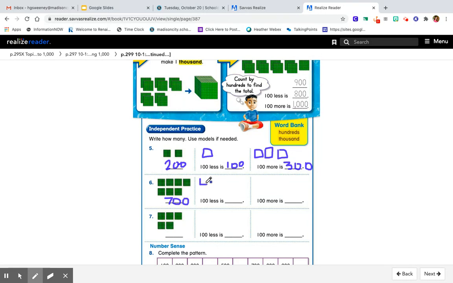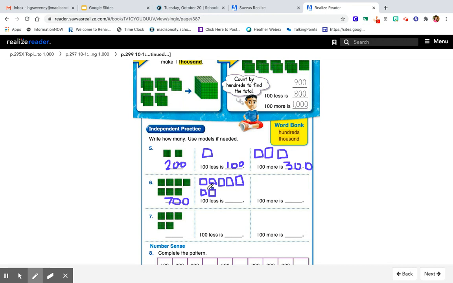So now I'm going to come over here and draw out 7 because it just makes it a little bit easier. And you can still have your 7 flats laid out in front of you. Now, what we want to look at is what is 100 less than 700? So we have 7 flats here, just like maybe you have 7 flats in front of you.